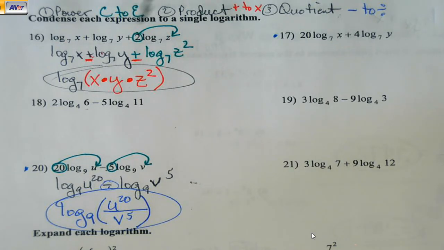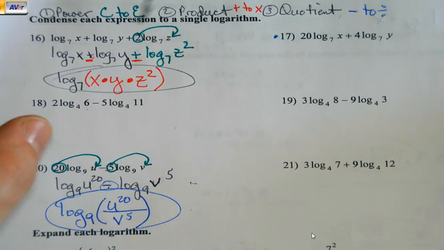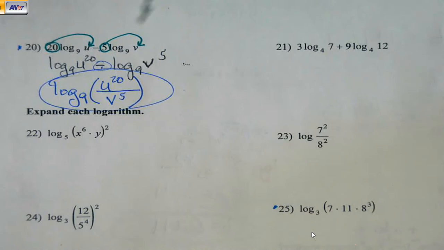Okay. When we get to expand, we go the other direction. So when I get down here, okay, and I won't have that at the top. Hopefully you've got it on your paper, or you can kind of remember as we go. When we get to the expand, here's the part we'll kind of talk about.